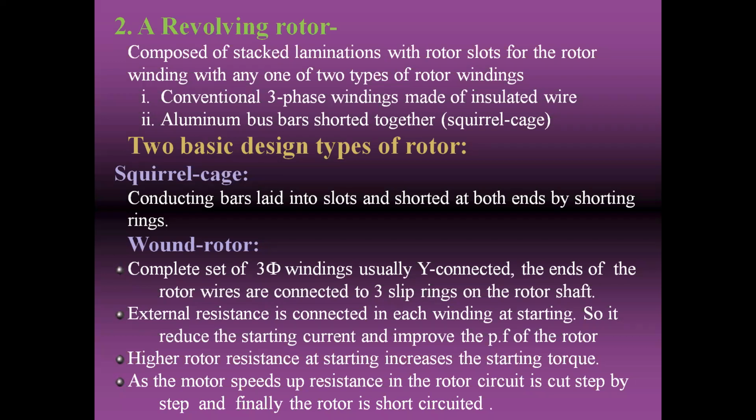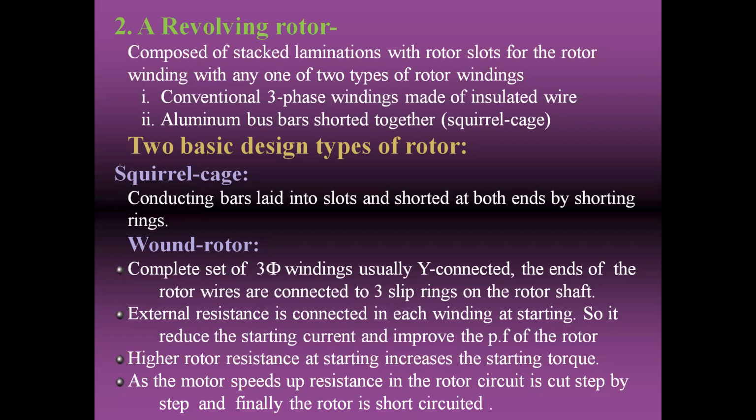But now see, in the wound rotor, not bars, we do a three-phase winding similar to the stator. This rotor winding is always connected in star, and the ends of the rotor winding are connected to three slip rings on the rotor shaft. External resistance is connected in each winding at starting.